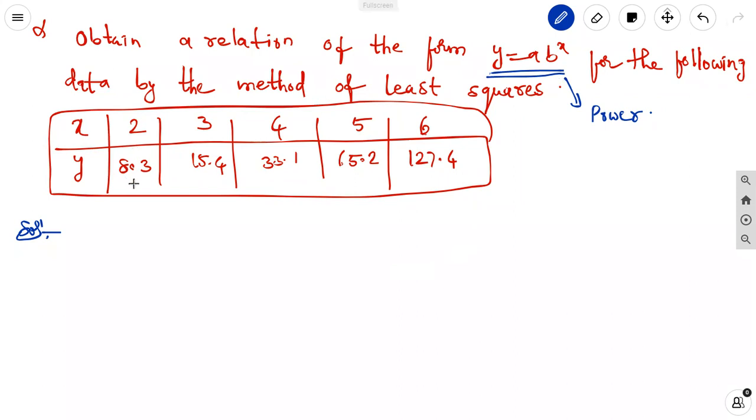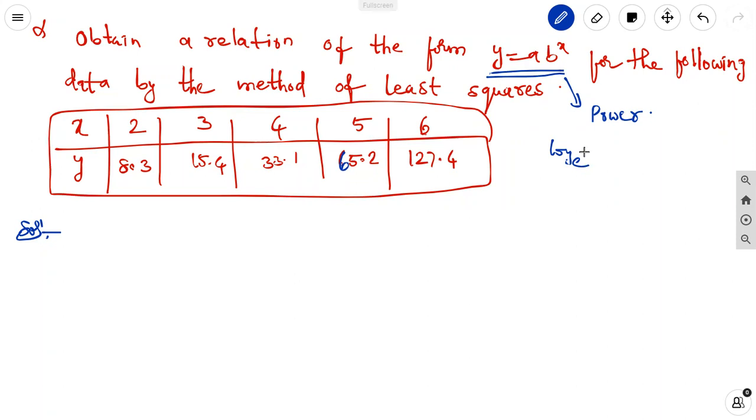The y values of the corresponding x are 8.3, 15.4, 33.1, 65.2, 127.4. It can be solved by taking log on both sides, either base 10 or base e. Already I discussed the base e form of the problem. Now I am taking log base 10.